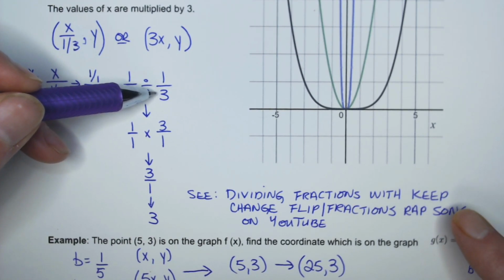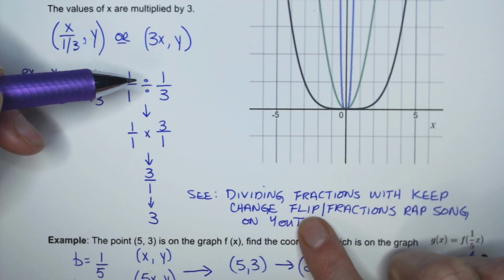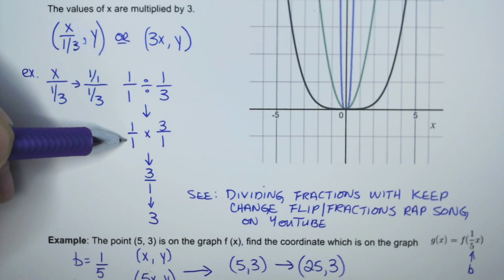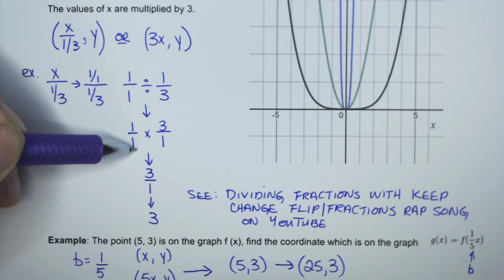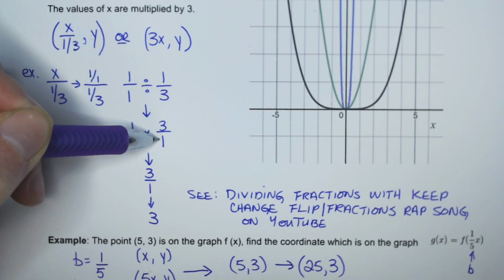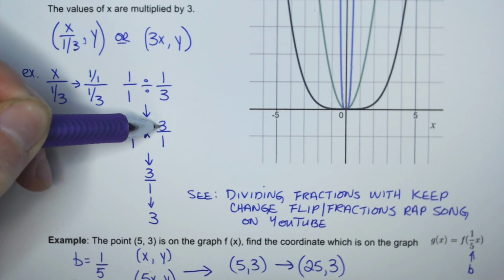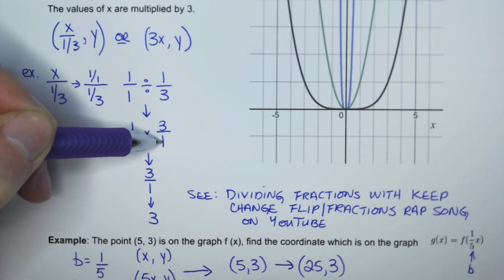Now, what you do following this keep, change, flip rule: the first one is kept. Keep, change, flip. So we keep the 1 over 1, we change the sign to multiply, and we flip this one to 3 over 1.